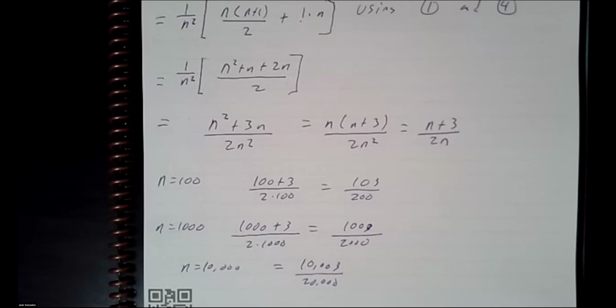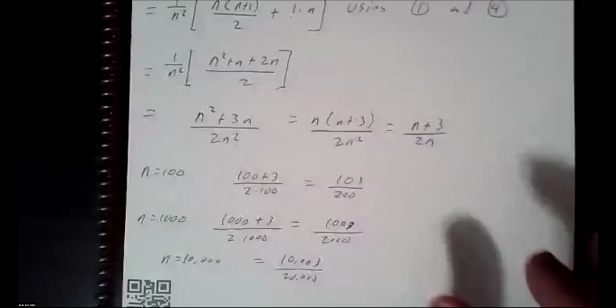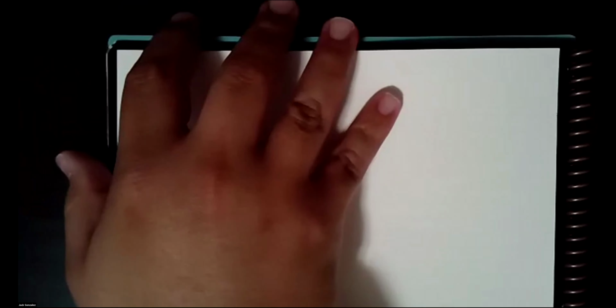Does that make sense? Let me know if you want to see another one. If not, I'm moving on. The rest will be similar. Depending on the equation, you'll use different formulas. And you might have to take a limit if they exist, just n goes to infinity or something.